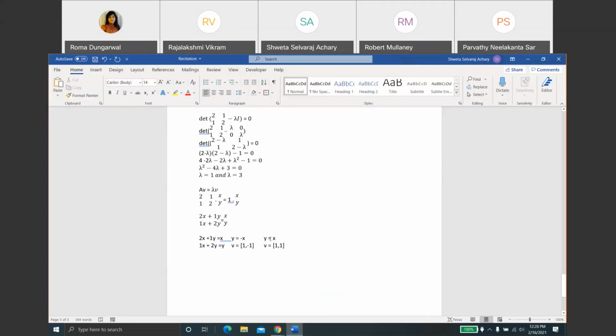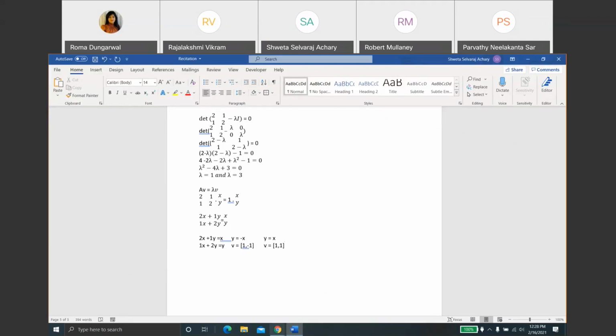Yeah. If we solve it for lambda equal to 3, you'll get 3x and 3y over here. Okay, got it. Yeah, just keep x and y on one side.